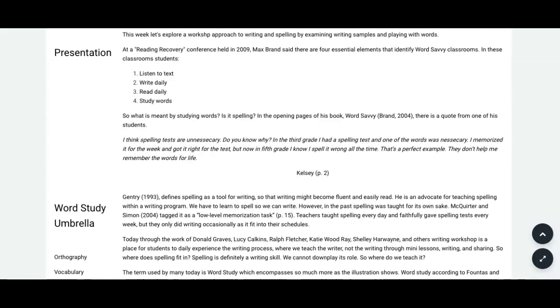When we are talking about word study, you want to state the principle, the feature that you're looking at, very clearly.